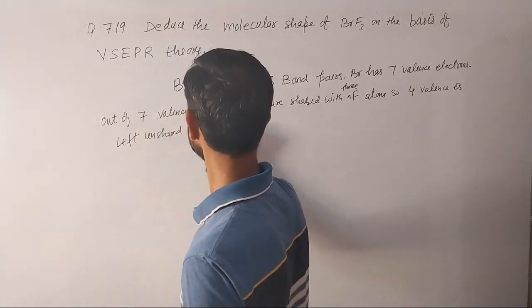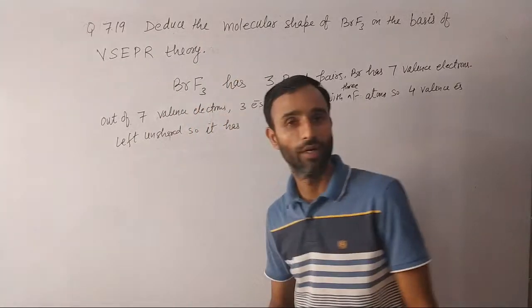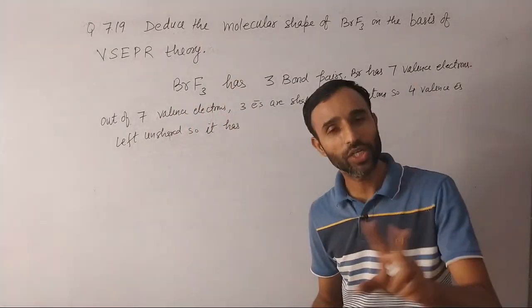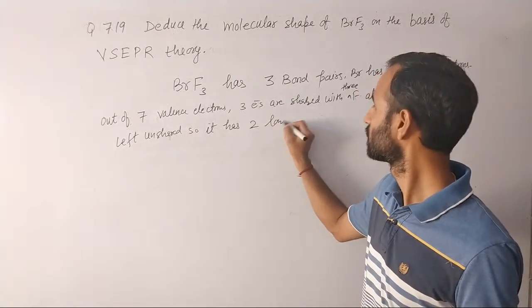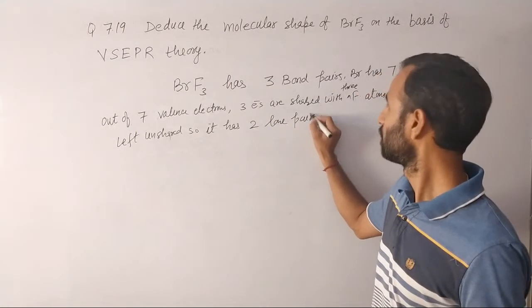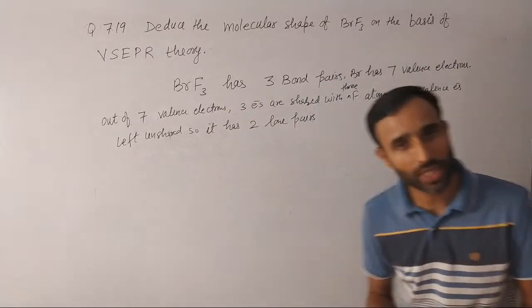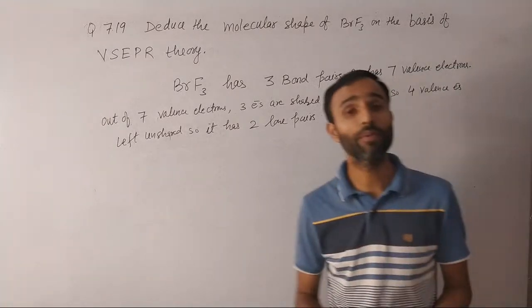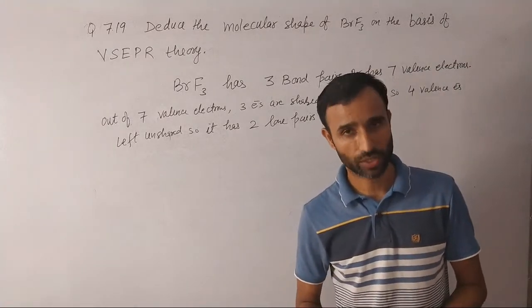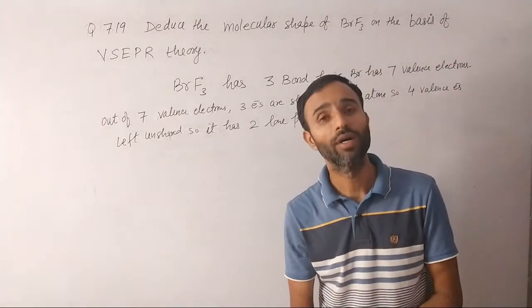So it has 2 unshared pairs, so it has 2 lone pairs. That means BrF3 has 3 bond pairs and 2 lone pairs. So total 5 electron pairs are around the bromine.